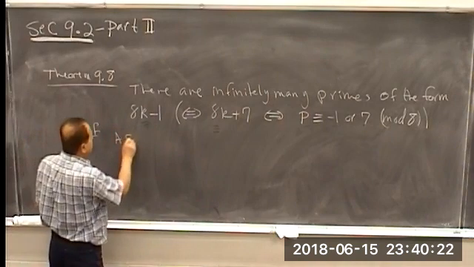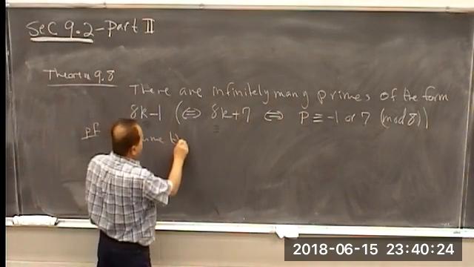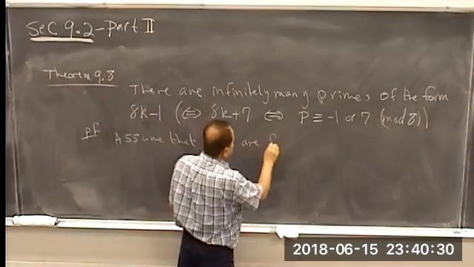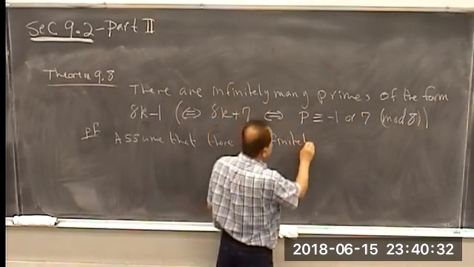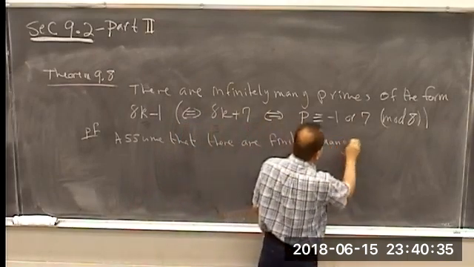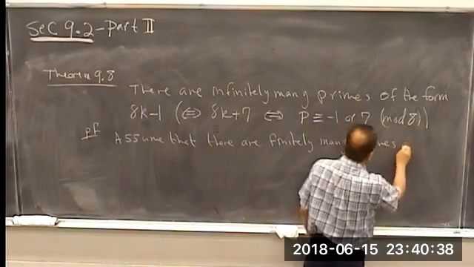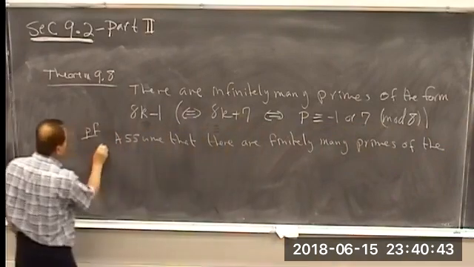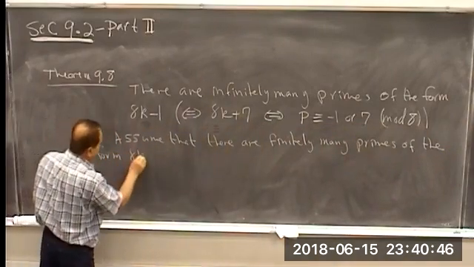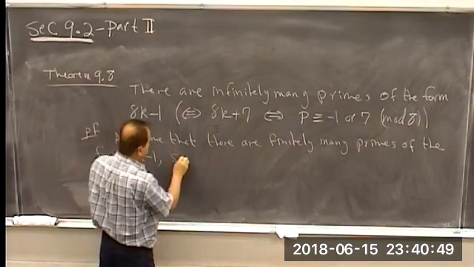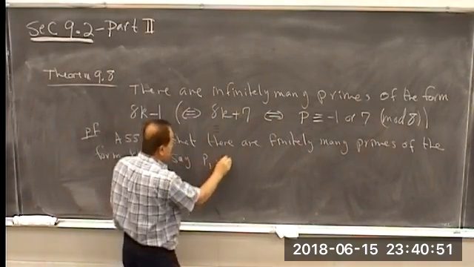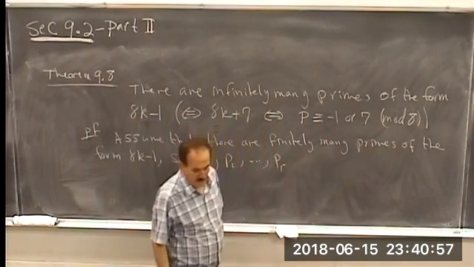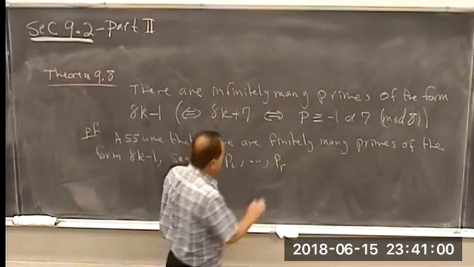Okay, assume that there are finitely many primes of this form 8k minus 1. Let's call them P1, P2, up to Pn.